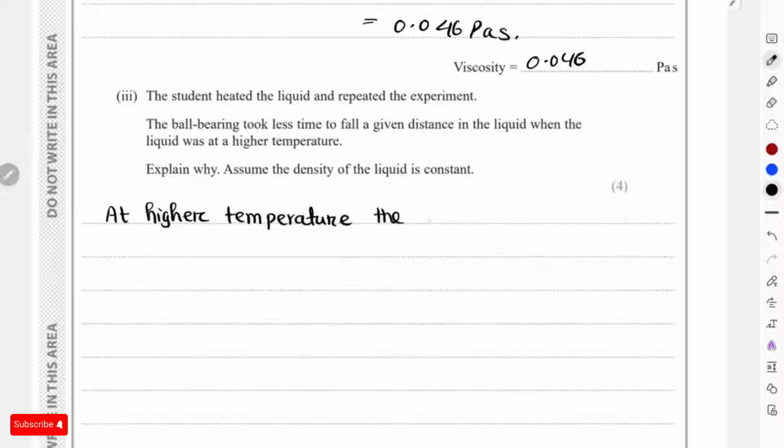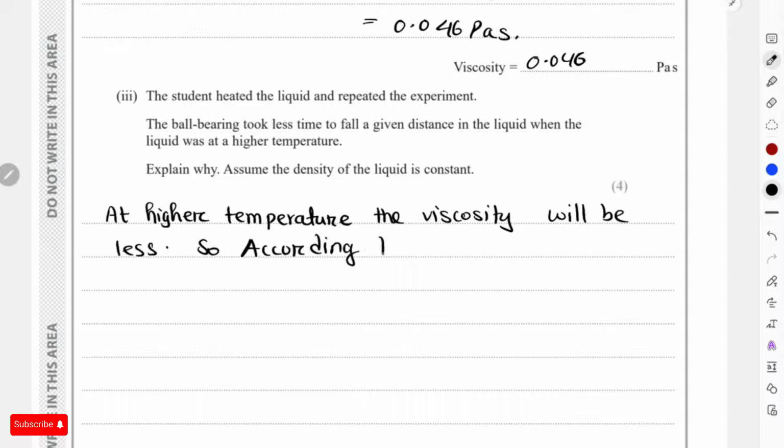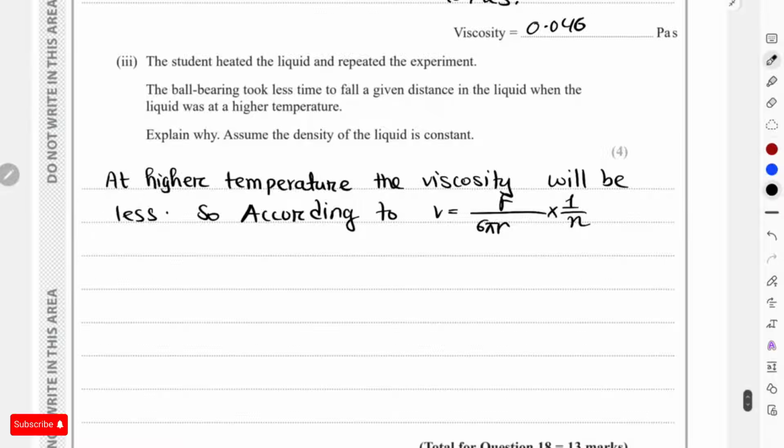the viscosity will be less. So according to v is equals to F over 6 pi r eta, we can now write eta separately over here, because as viscosity decreases, velocity is supposed to increase, considering the fact that force and radius are same, right?